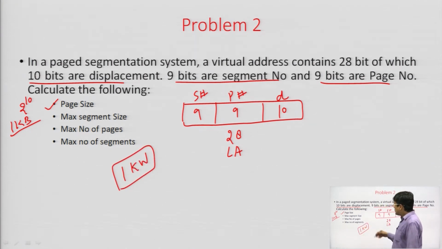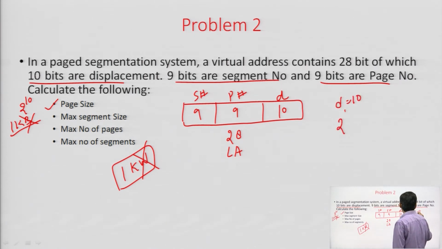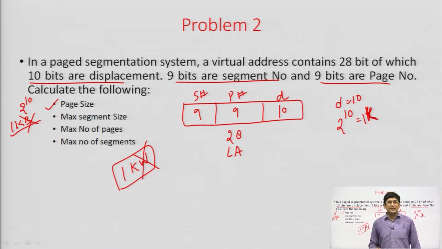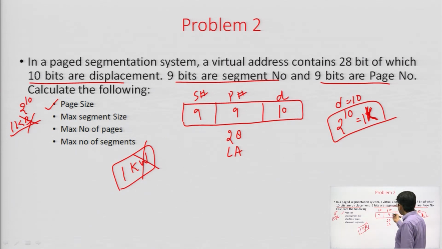Usually we do not refer to word or byte in case it is not given in the question. So in case we have D equal to 10, we will say that the size of the process is 2 raised to the power 10, which means only 1K. Word size may be 1, 2, 3 or 4, usually in powers of 2. So here we are saying that 1K is the size of the page.